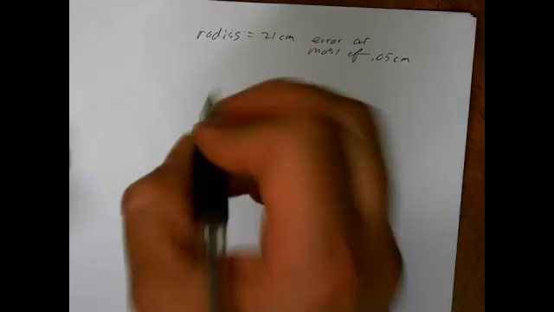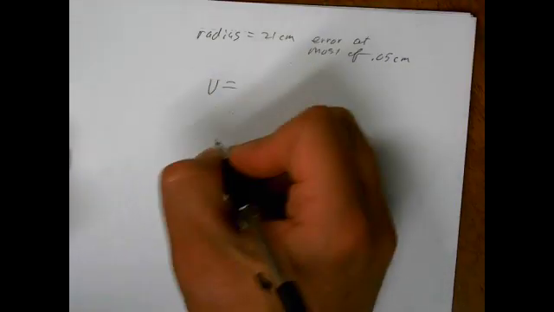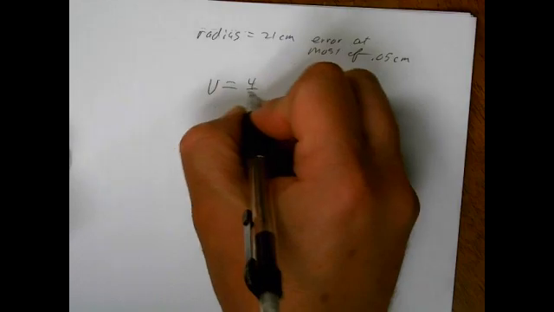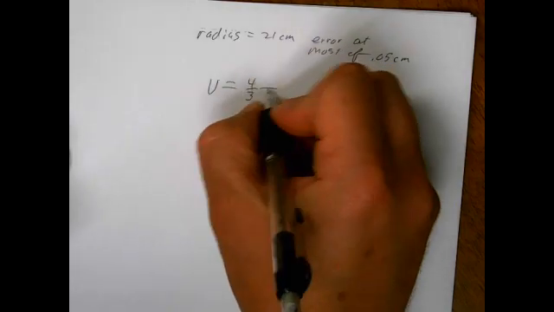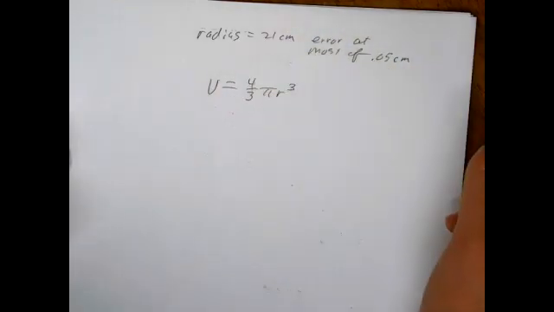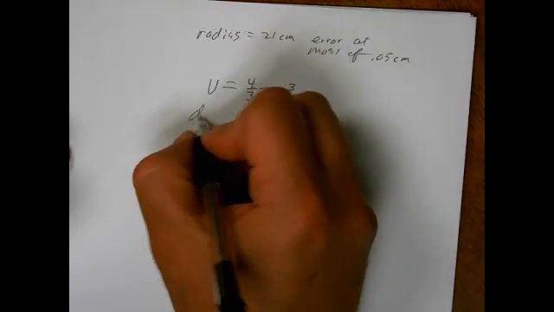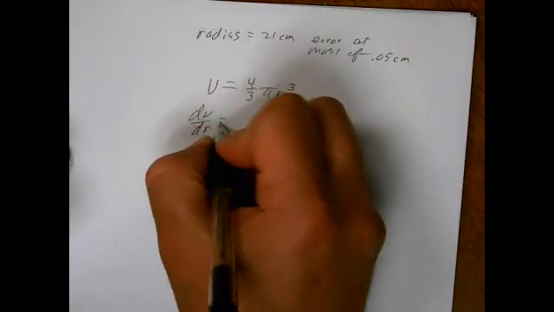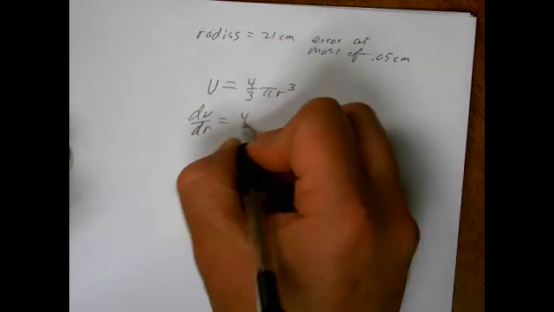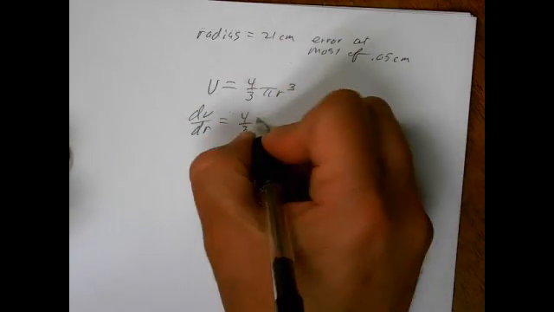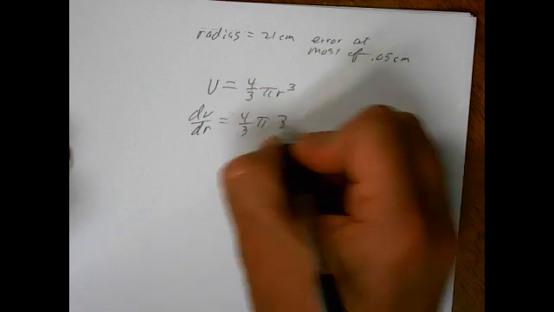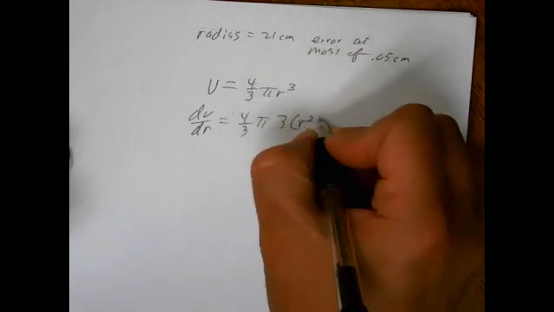Well, we know that the volume of a sphere is equal to 4/3 pi r cubed. Therefore, dV/dr would be equal to 4/3 pi, bring down the 3, drop the r to the second power.